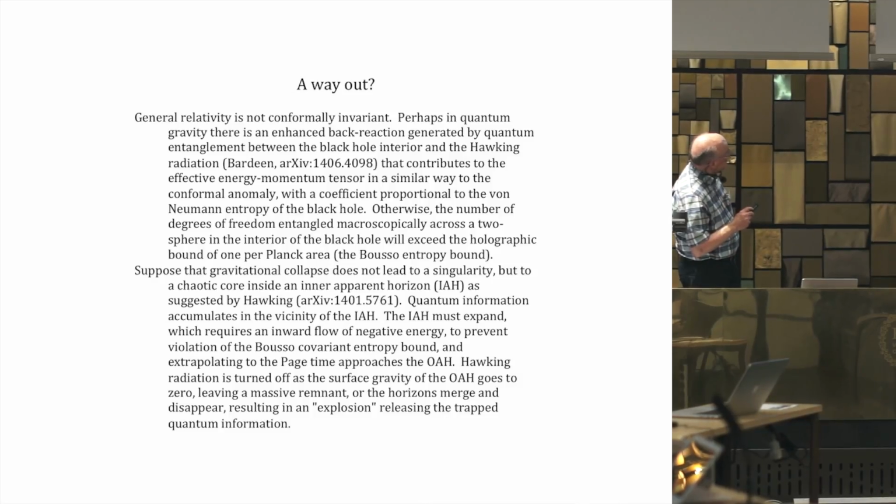And this coefficient, I'm assuming, is proportional to the von Neumann entropy of the black hole. So I'm arguing there's some effect of quantum gravity which is related to the amount of entanglement between the interior of the black hole and the exterior Hawking radiation, which generates a substantial back reaction over the whole range, which is not predominantly inside the black hole.